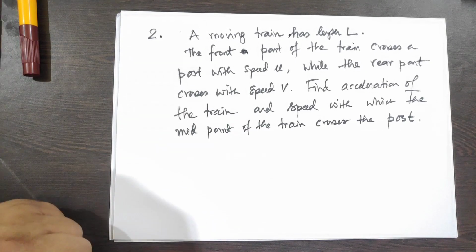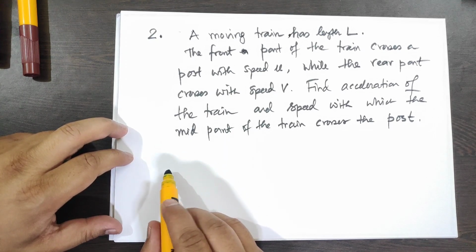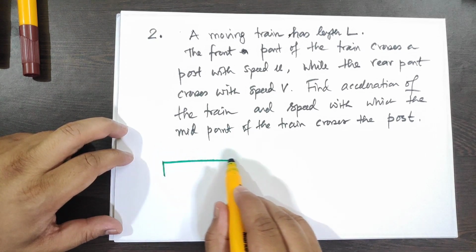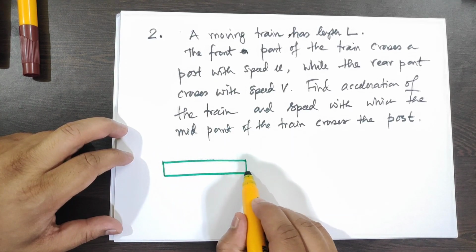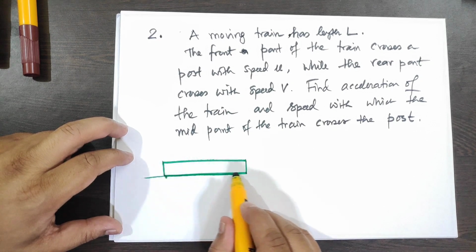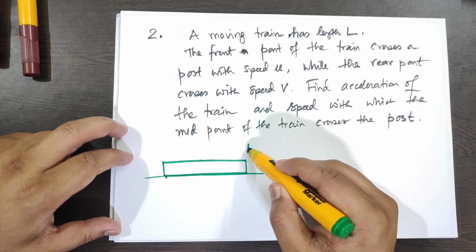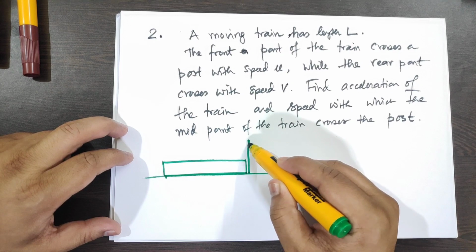See, it's like this. Train, and say this is a post, stationary.